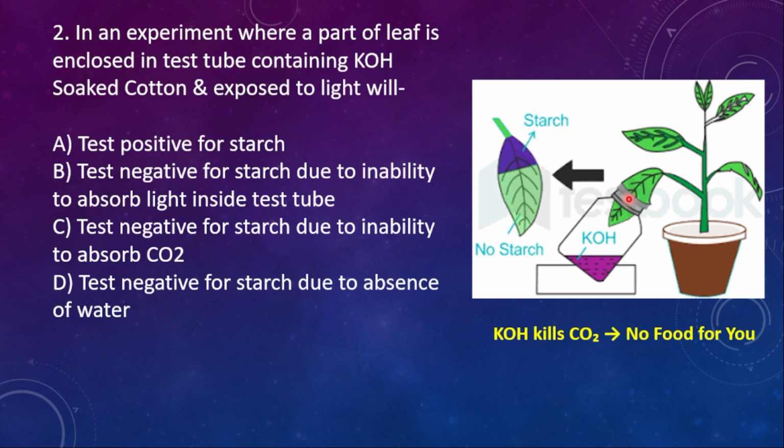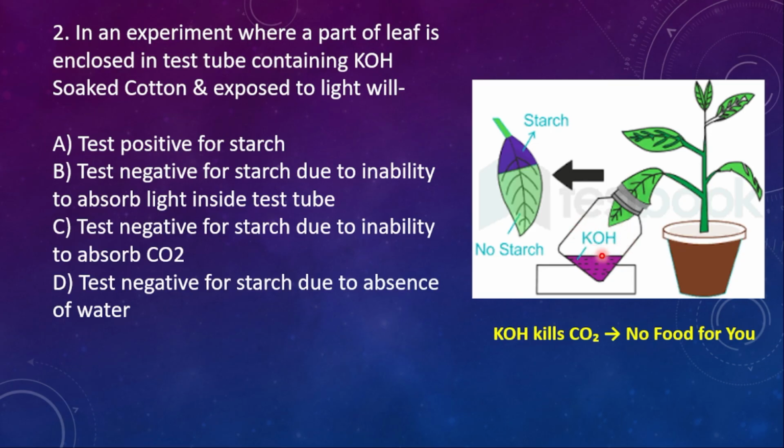See here, this is a live plant, and we will take a leaf that is exposed to cotton soaked in KOH. Now, what does the KOH do? It absorbs all the CO2.